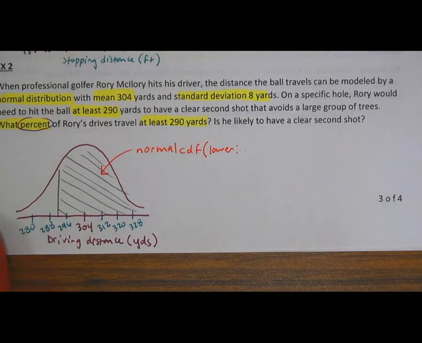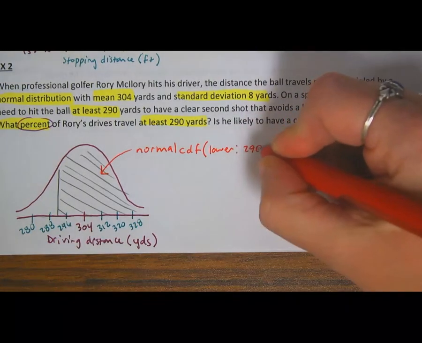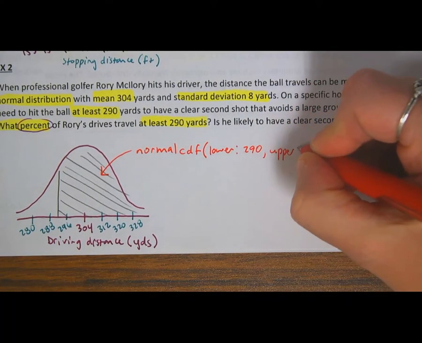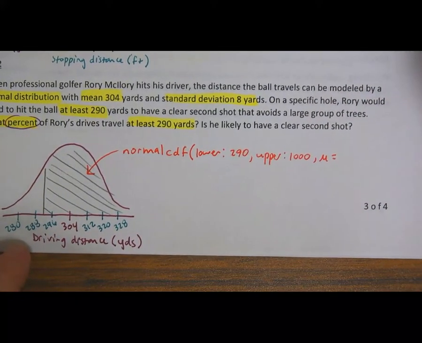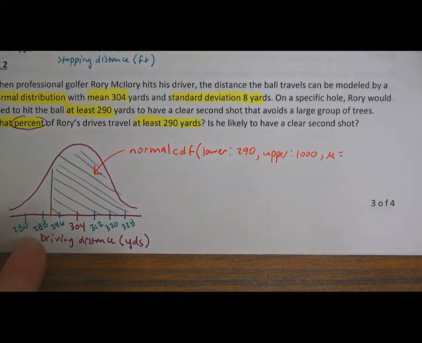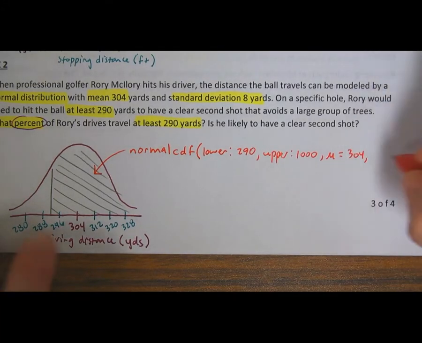Did I shade to the left? No. Is the lower edge of my shaded region at a negative 1,000? Oh, it's at 290. There you go. So the upper is going to be 1,000. And the mean and standard deviation, you don't really ever have to think about because it's in the paragraph. The mean was 304. It's also in your picture. The standard deviation is 8.